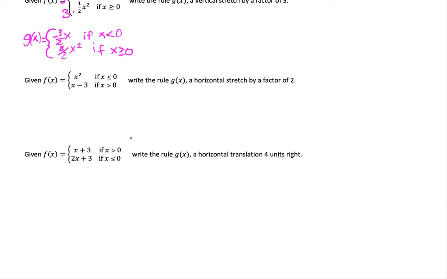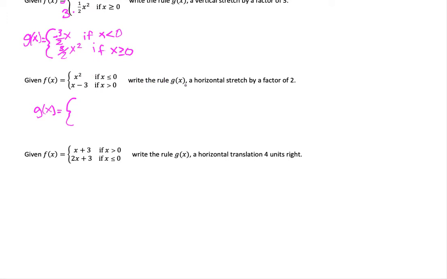The next one, they give us f of x, and we need to write g of x, which is a horizontal stretch by a factor of 2. So again, this is a stretch, so we do not have to worry about the domain or the intervals. So I'm going to go ahead and start writing. If it's a horizontal stretch by a factor of 2, remember that it looks like a fraction inside the parentheses just on the x.